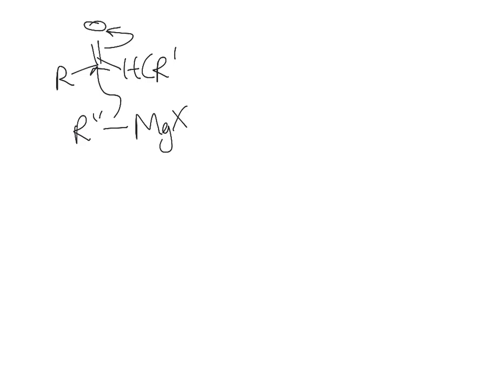So if you've got your aldehyde or your ketone and your organometallic reagent comes in, we're going to use a Grignard reagent for this one. Those electrons go up, open up the double bond.